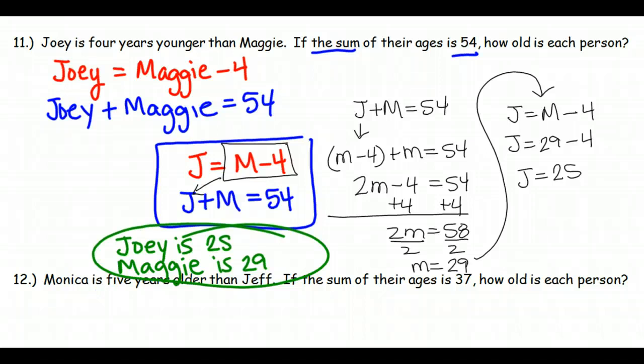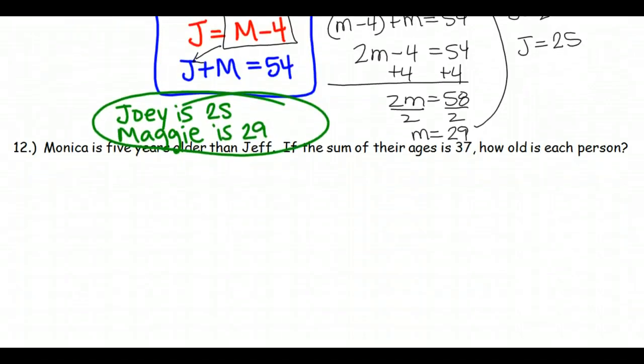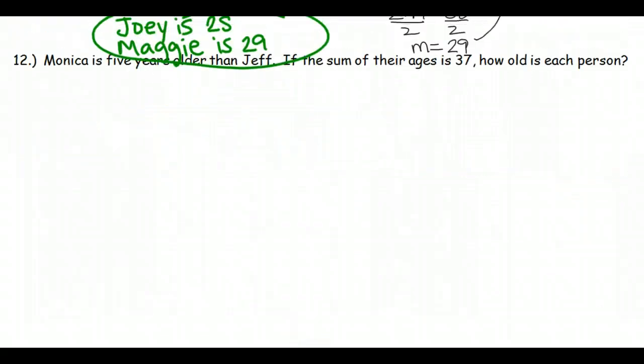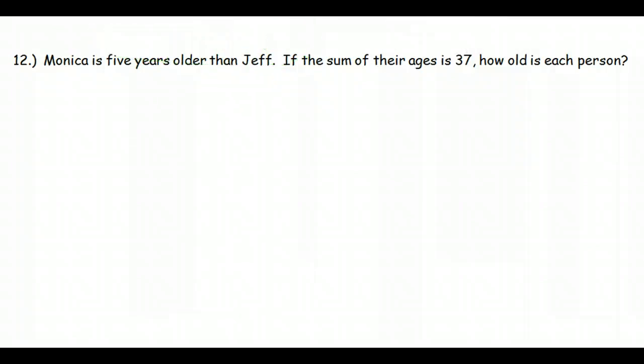Alright, let's go ahead and try number 12, which is just like the one we just did. And let me clear that writing so we can read the problem. Okay, Monica is 5 years older than Jeff, so let's write that out. So Monica is 5 years older than Jeff.